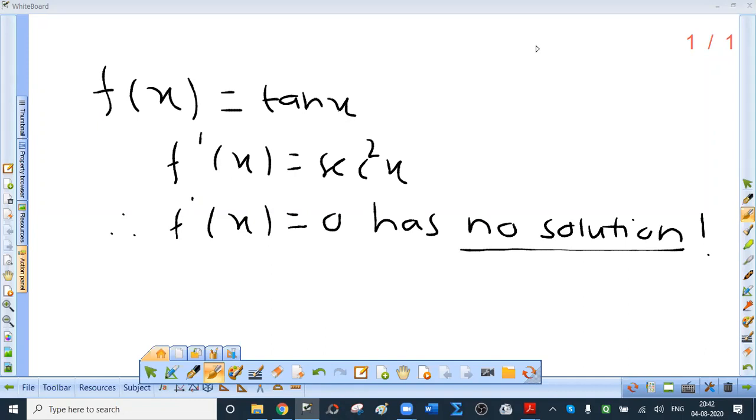Same is the case with functions like log x, x minus 1 upon x. That is, their first derivatives cannot be 0.